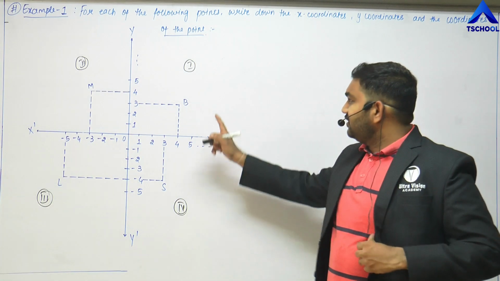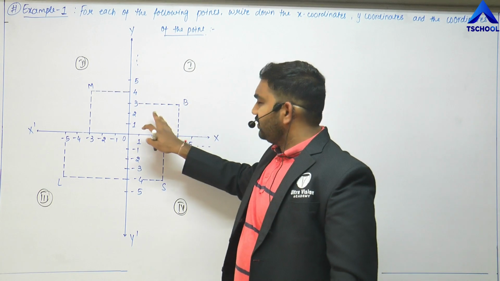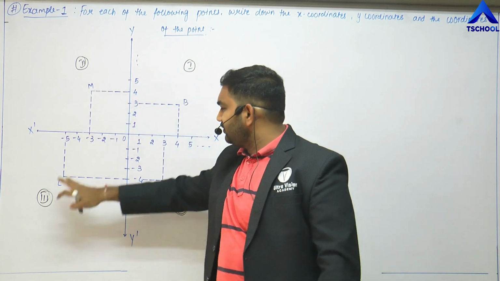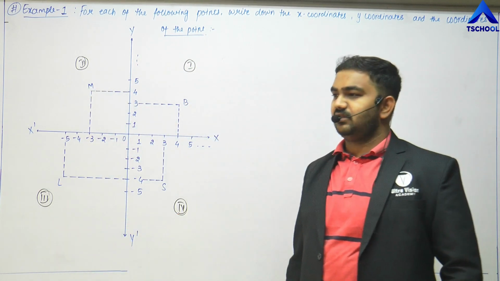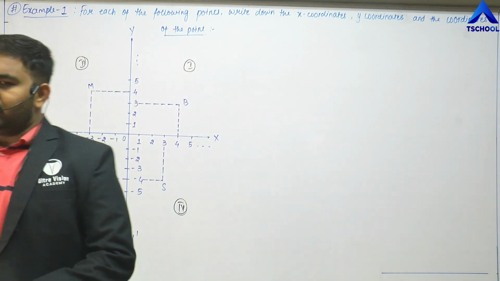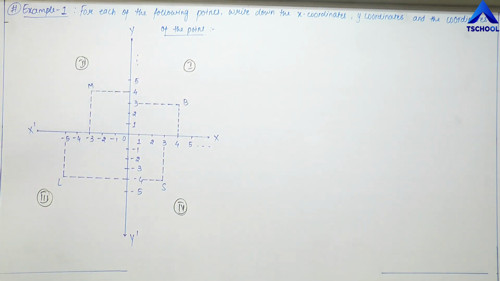Now the question is that for each of the following points, you need to write down the x coordinate, y coordinate, and the coordinates of the point.